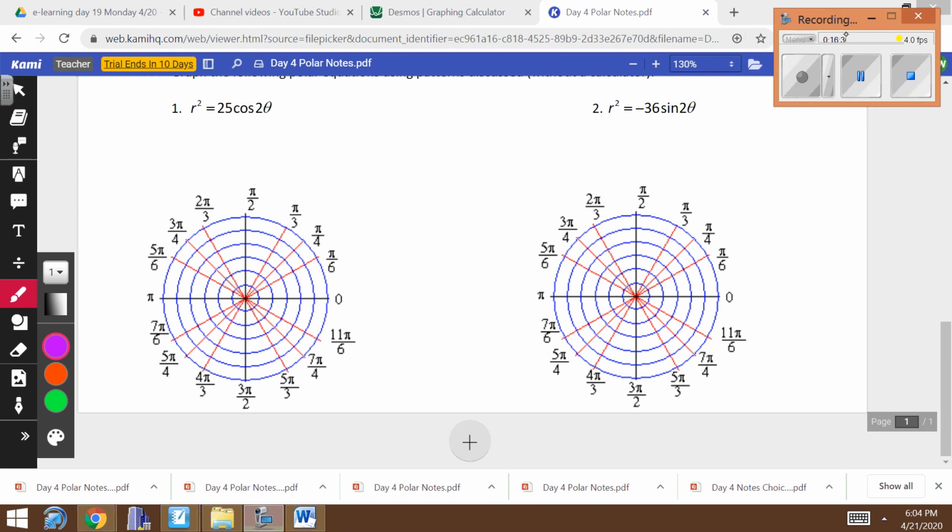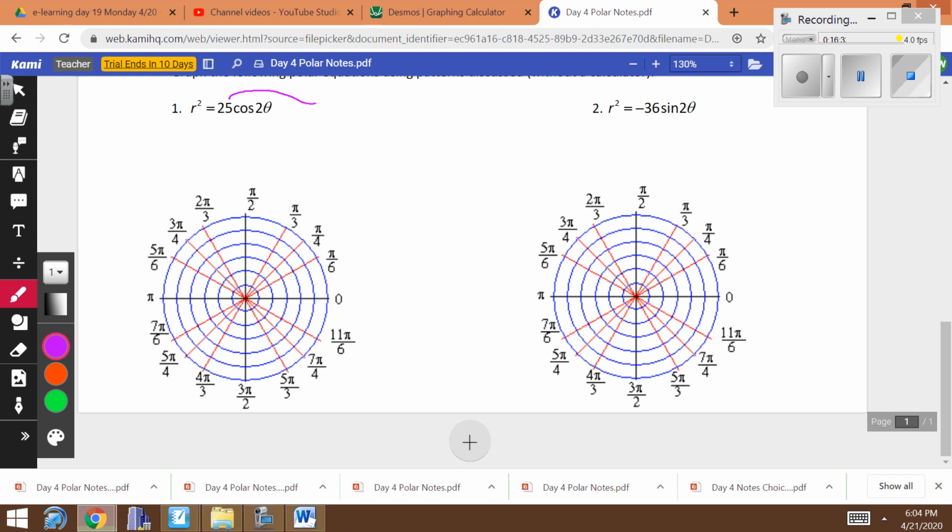So if you think about this graph here, if that value right here is 25, you know that the greatest distance from the pole has to be 5, right? So we know we're going to be 5 away from the pole at our 2 petals right here. In order for this to be positive, that always has to be positive.